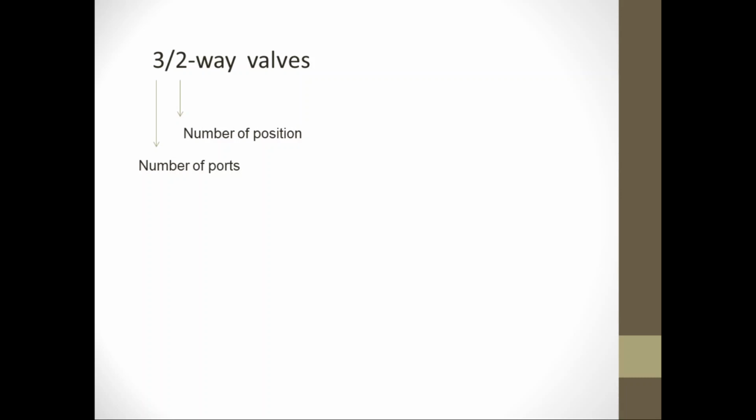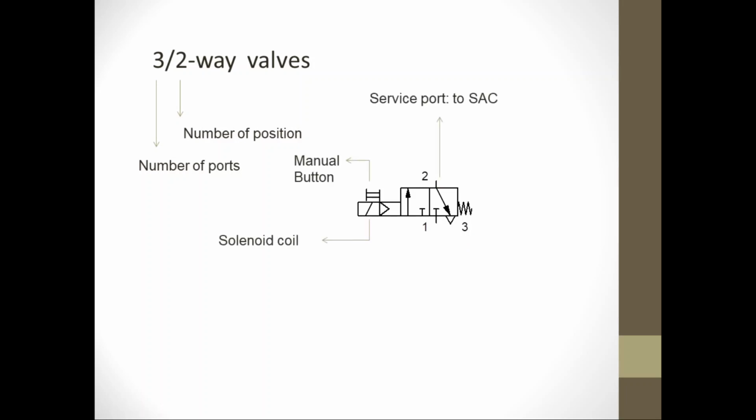If you look, there are numberings present, 1, 2, and 3. 1 represents the inlet, where the compressed air is connected.